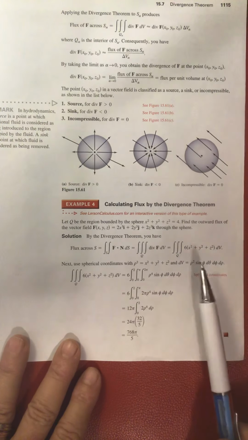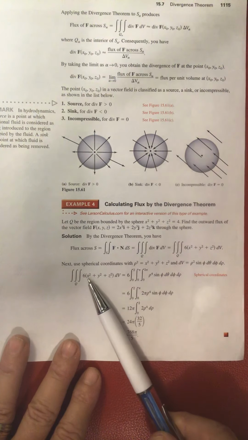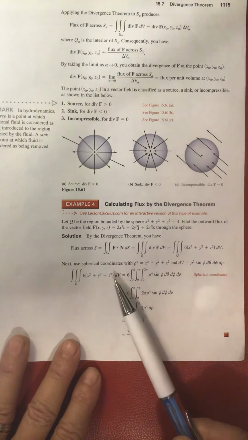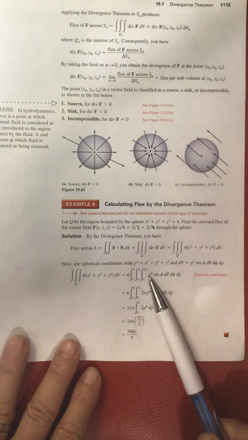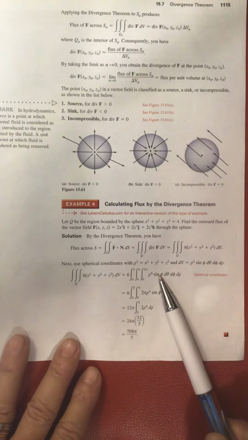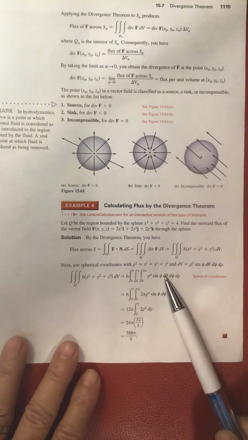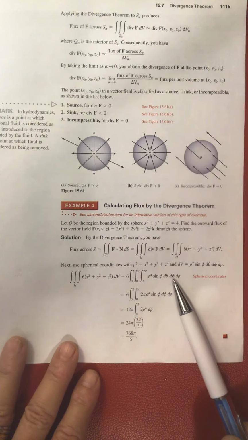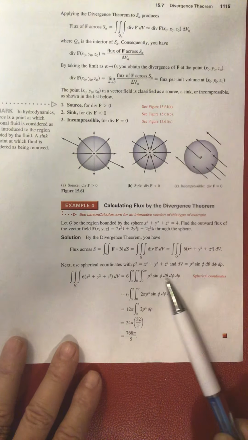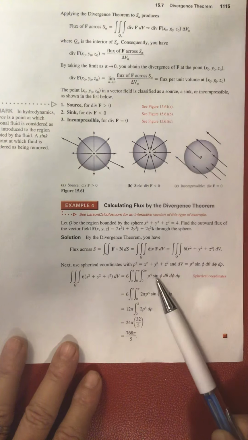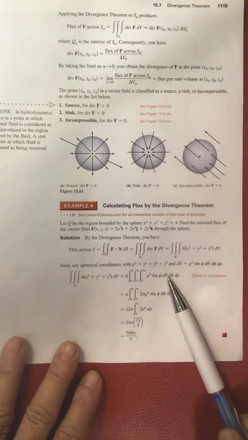Because it's a sphere, spherical is the easiest way to do this. So we've got x squared plus y squared plus z squared. Well, that's rho squared. And then dV is rho squared sine phi. So we get rho to the 4th sine phi, with theta, phi, and rho. This is a good way to look at it because there's no theta in the first piece, so d theta is very easy.